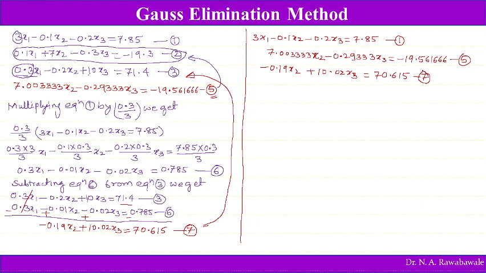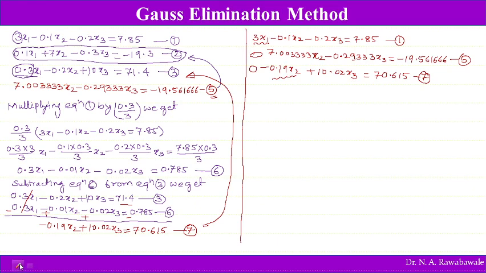Now what we want to do here is, in the first equation the term x1 is present, in the second and third equations the term x1 is absent. So now from the third equation we want to eliminate this x2 also. So we want to reduce it to the upper triangle. So lower triangle elements we want to reduce to 0.